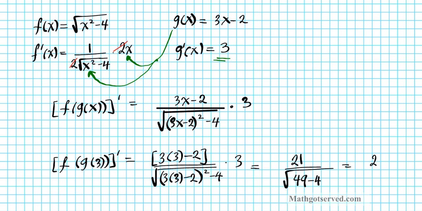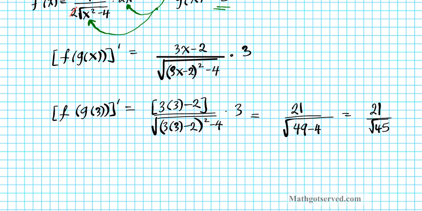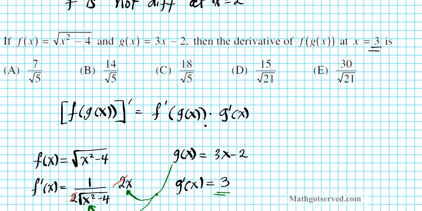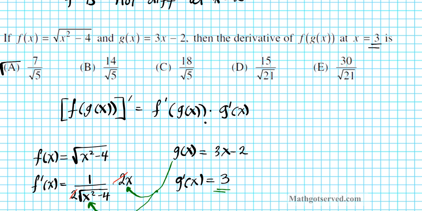So that yields 21 over rad 45. And then we can simplify that. That gives us 21 over, this is 9 times 5, so it's 3 rad 5. And then 3 goes into 21 7 times, 7 over rad 5. That's your final answer. Option letter A.